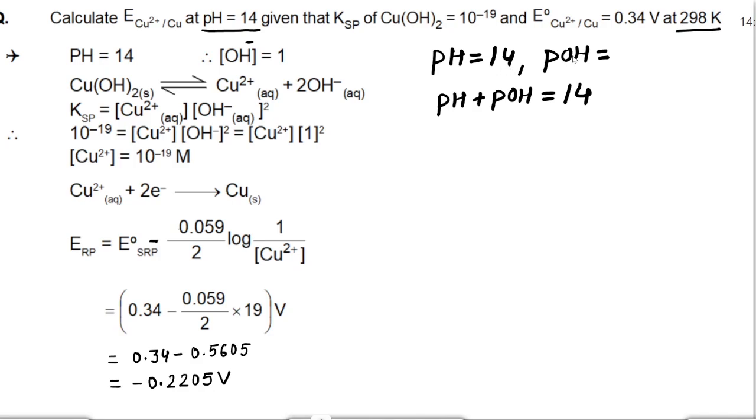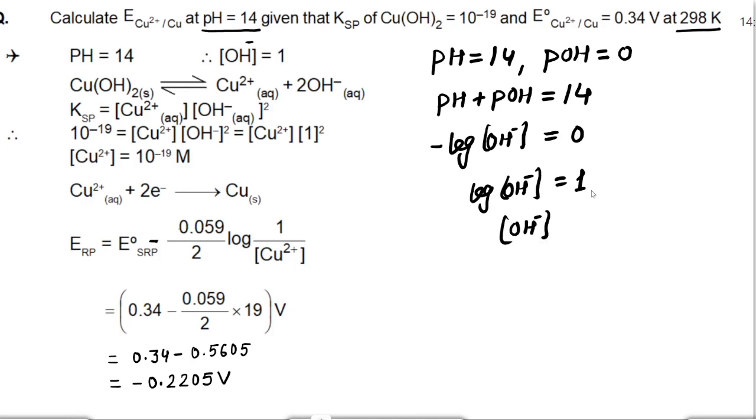So when pH is 14, pOH is 0. And what is pOH? Minus log of OH negative ion, that is equal to 0. So log of OH negative ion equals 0, and log of 1 is 0, you know. So OH negative concentration is 1 molar. So when pH is 14, OH negative concentration is 1.